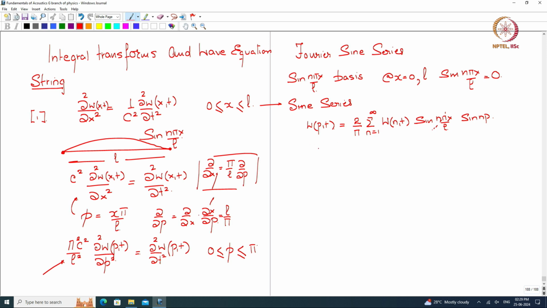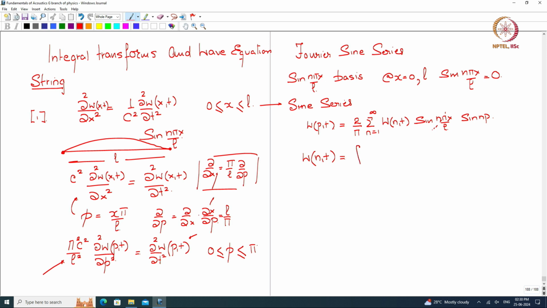Now if we take the transform, that means we have pi square c square, and what is W of n comma t? How do we go forward?